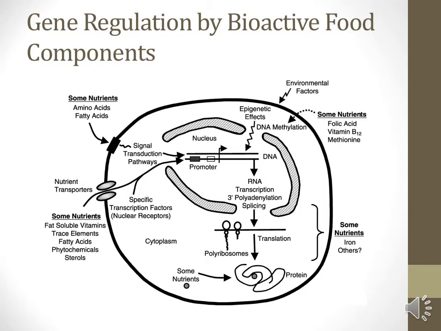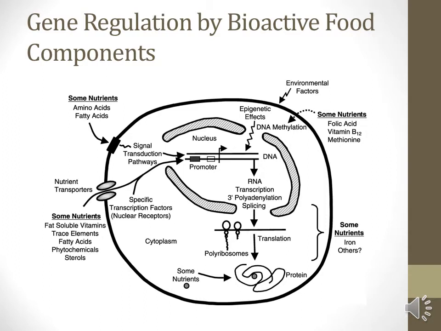So within the promoter region of the DNA, these vitamins and bioactive food components help to turn on the transcription of the DNA to make the RNA, which ultimately will go to the ribosome and create new proteins. In the previous slide, I also talked a little bit about signal transduction. So some nutrients will activate transmembrane receptors, which will then use intracellular signaling pathways to initiate or modify gene expression.